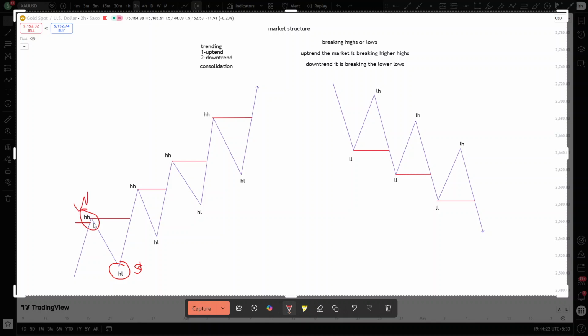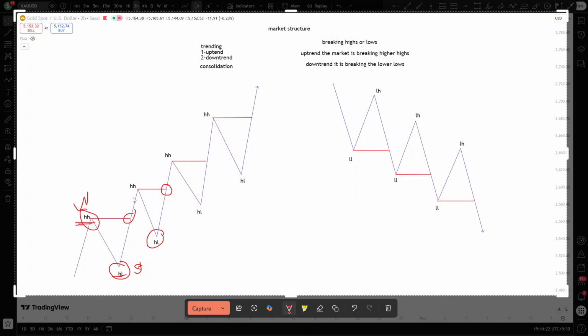So why are the higher highs being broken? They are being broken because they are weak. Why are the higher lows being able to break the higher high? It's because they are weak. Each time we see a breakout, it confirms that this higher high is weak.